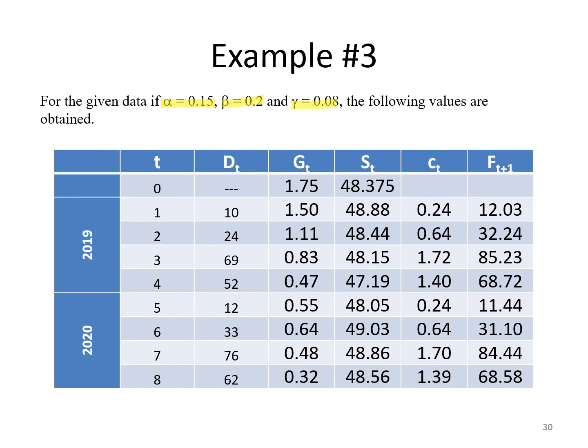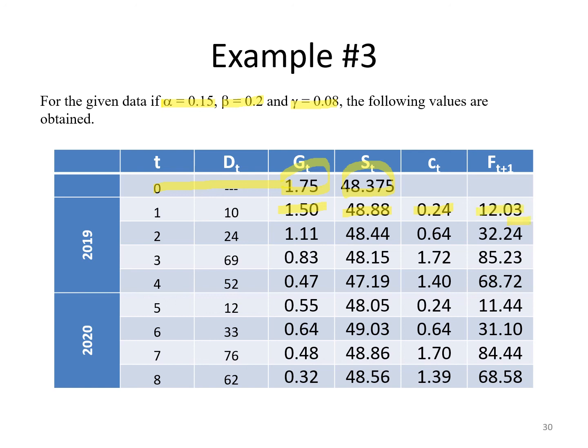In the initial period, the initial values for the slope and the intercept are available here. You just apply the formulas to come up with the updates for G1, S1, and again, the starting value for C T is given here based on the calculated seasonal factors, and then you apply the formula to calculate the value of the forecasted demand.